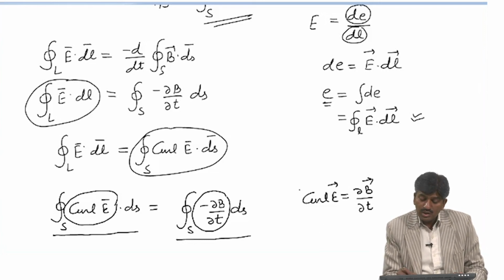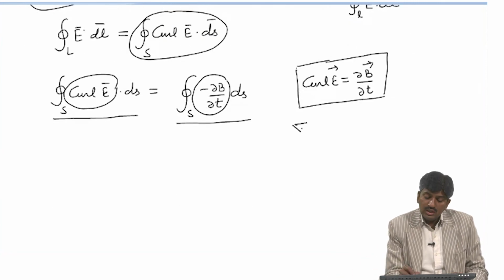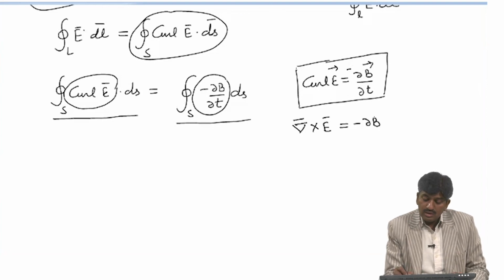Both are vector quantities, and we can also write curl E, meaning del cross E, equal to minus del B over del t.